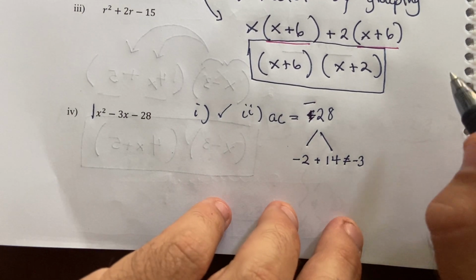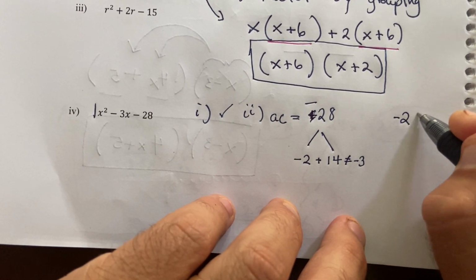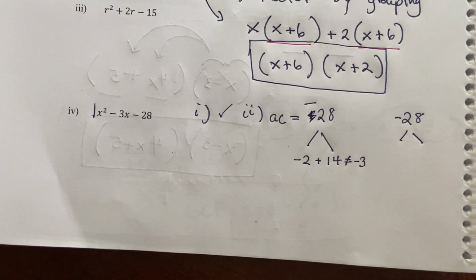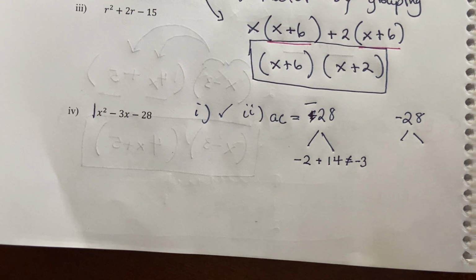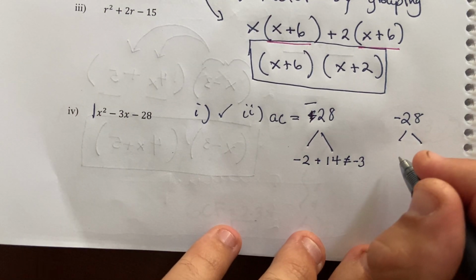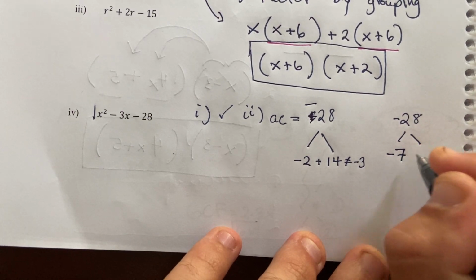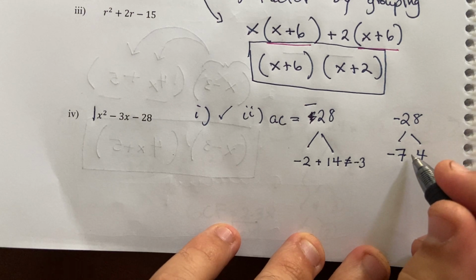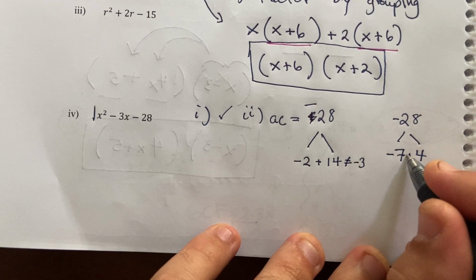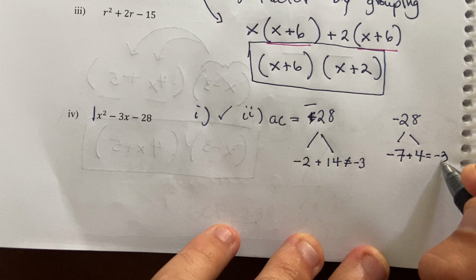So you just try again. For negative 28, we want factors that multiply to negative 28 while simultaneously adding up to negative 3. So how's negative 7 and 4? I'm asking, but I know that works, because if we add these, we do get negative 3.